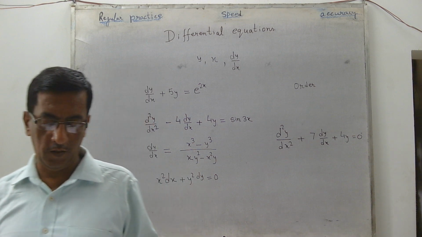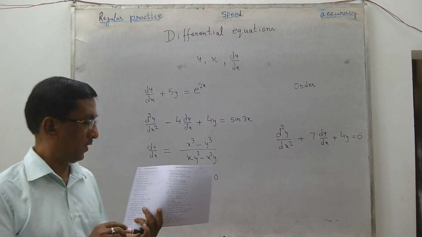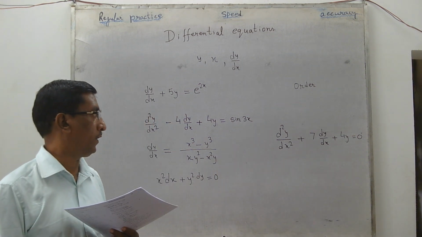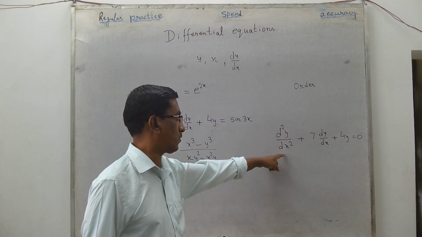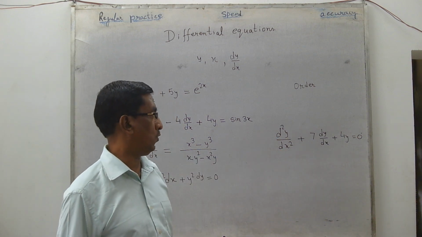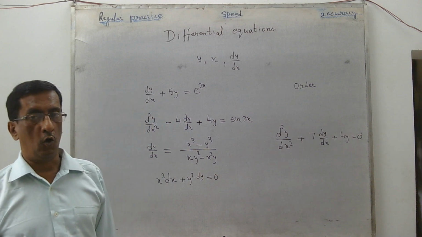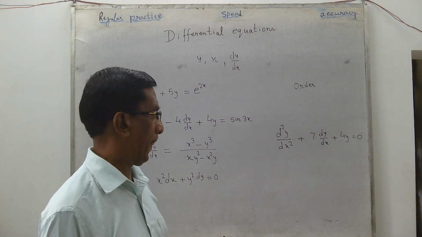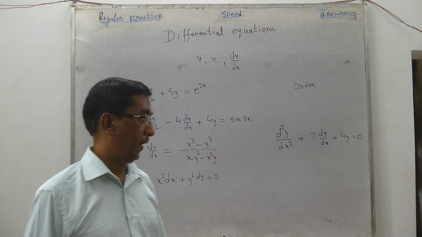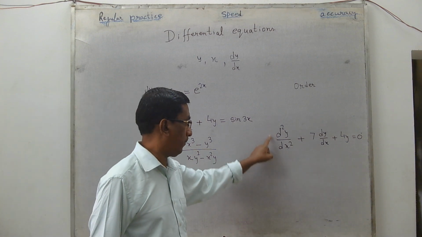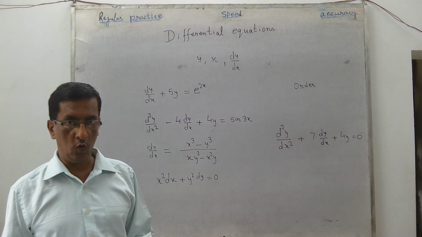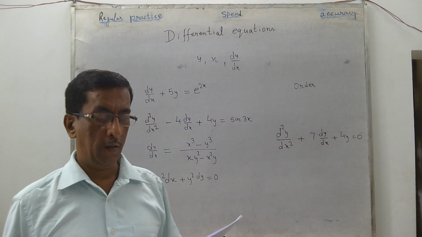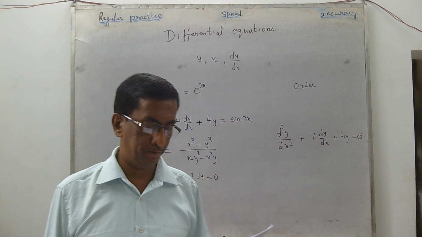Now, in the given equation, the highest order derivative is d square y by dx square. So, order is 2, second order, and the power of this derivative is 1. So, order 2, degree 1.